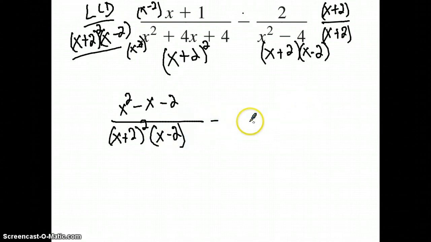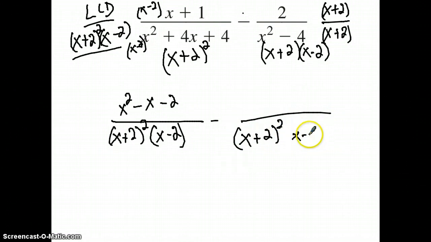And then over here, once again, we are going to have this same denominator. And then when we multiply, we just distribute the 2. So this is simply minus 2x, and then we're going to subtract a 4 as well. So at the top, we just need to simplify, combine like terms.